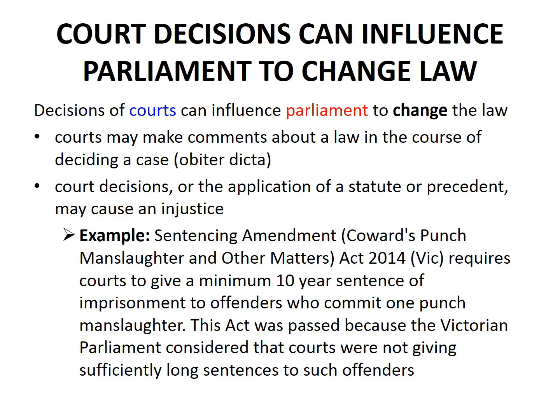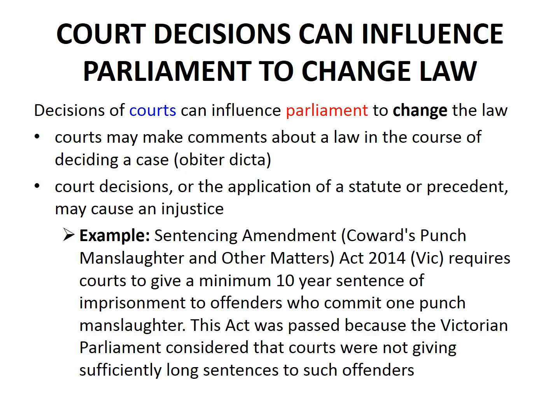The victim then died, either because of the punch or because they hit their head on the ground when they fell down. Well, when these cases came before the courts, offenders were typically sentenced to a few years, perhaps 5-6 years in jail. However, the Victorian Parliament considered that these sentences were not sufficiently long.